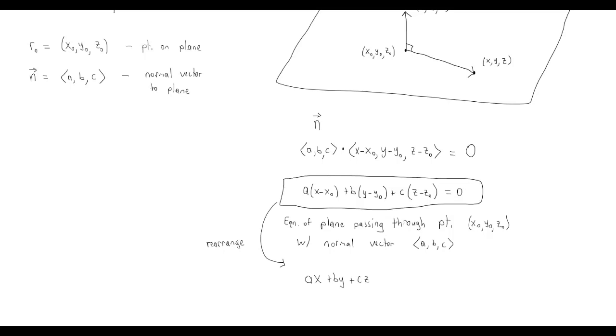We also have the minus ax naught, minus by naught, minus cz naught. So if I move all of that stuff over to the other side, and replace all of that with another letter d, so d would just represent everything that was on the right hand side, this is another way of representing a plane.